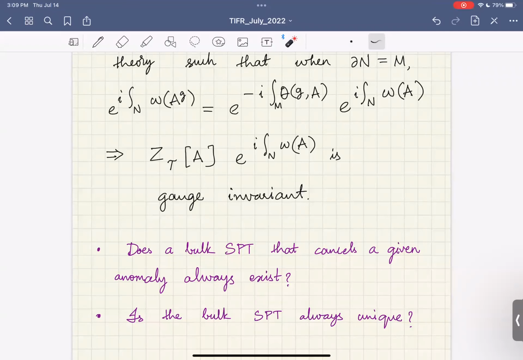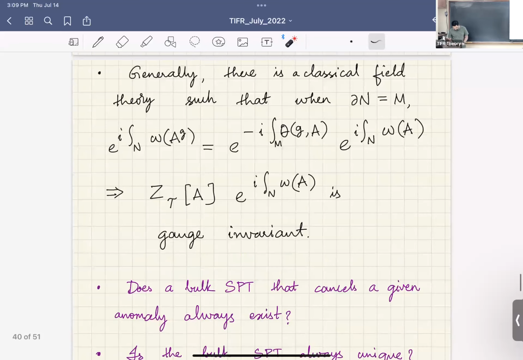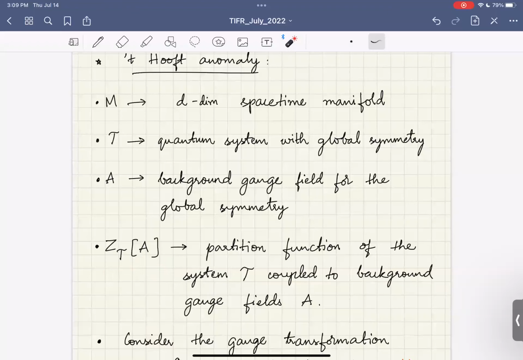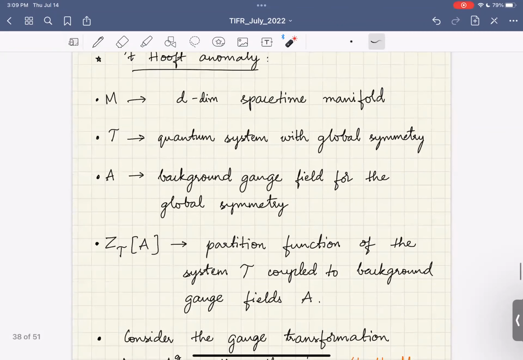Sorry, Pranay, how was Z_T of A defined once again? Was it just the action? Z_T of A is the partition function of the theory that we started with, coupled to the background gauge field A. Right. Sorry, there's just one relative sign that's confusing me.